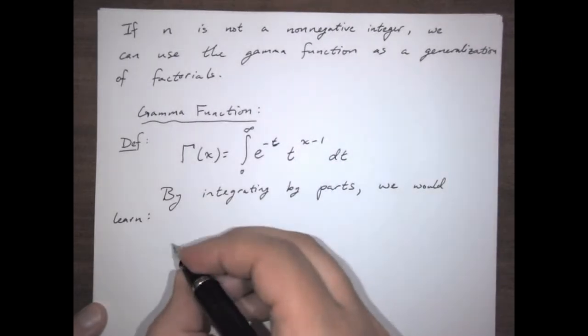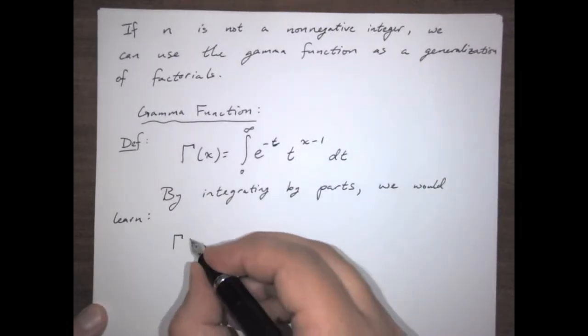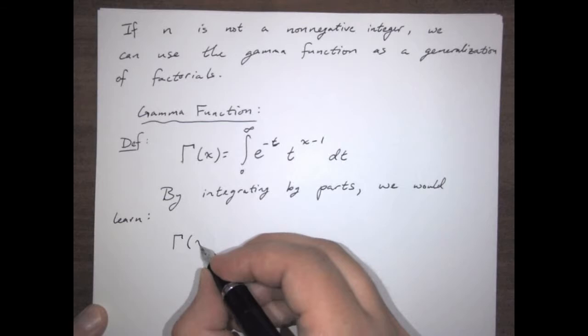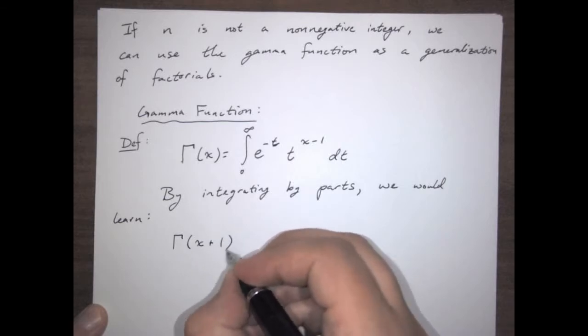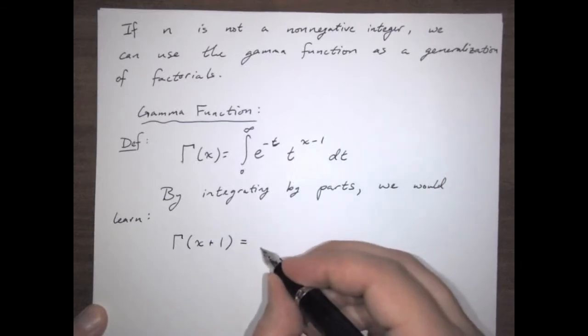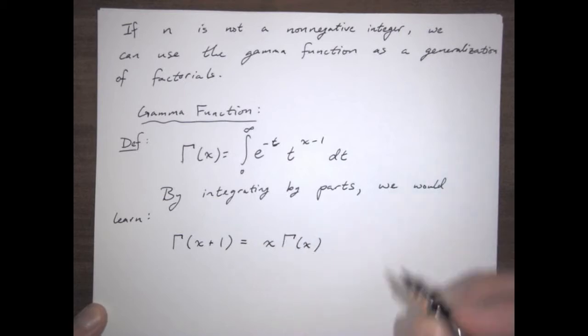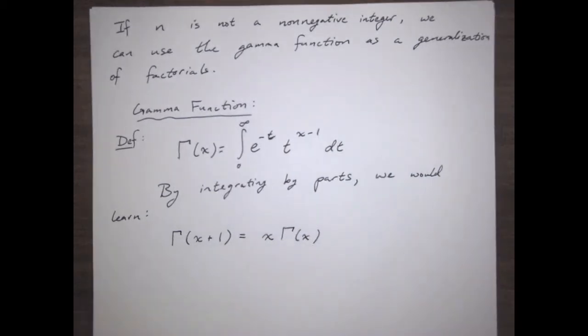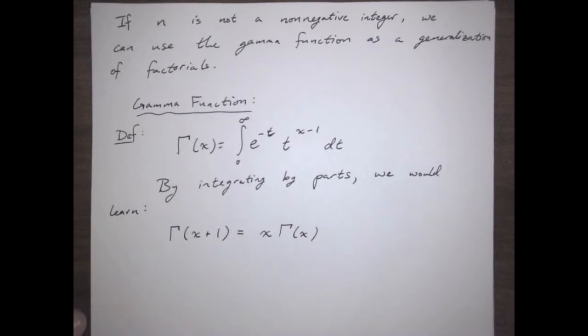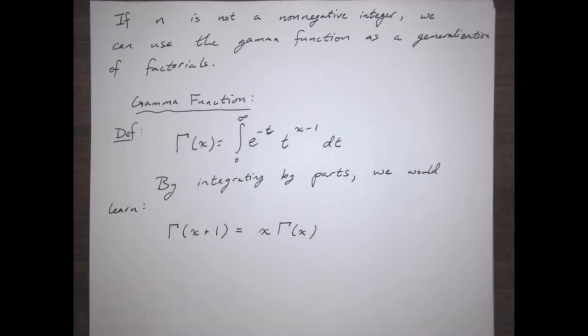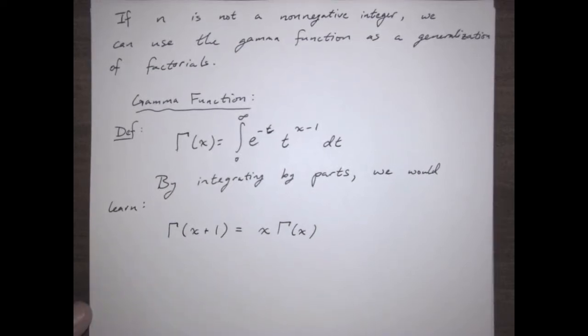We would learn that gamma of x plus 1 is actually the same thing as x times gamma of x. And furthermore, if we actually wanted to evaluate this on down, we would get that gamma of 1 was equal to 1.